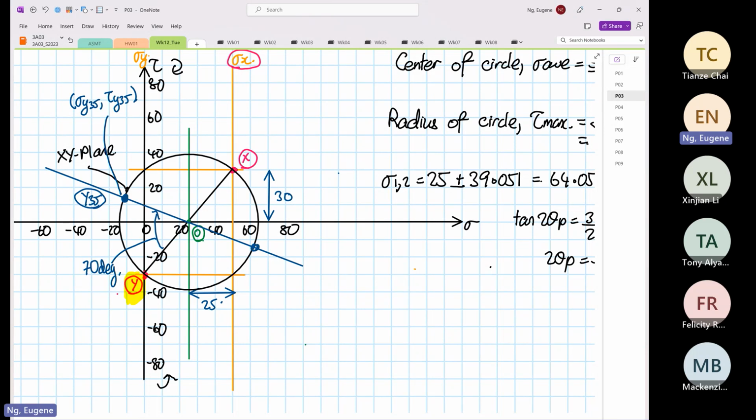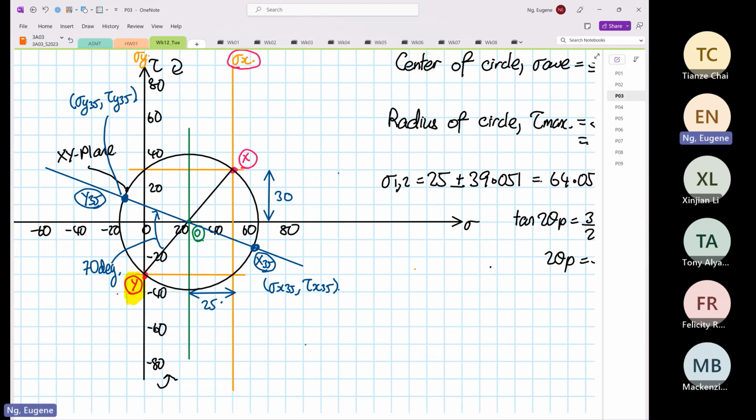On the opposite side, okay, we can label this as your X35. Okay, because one point is Y, the other point is X. So this is your stress X35. And your shear X35. Okay.